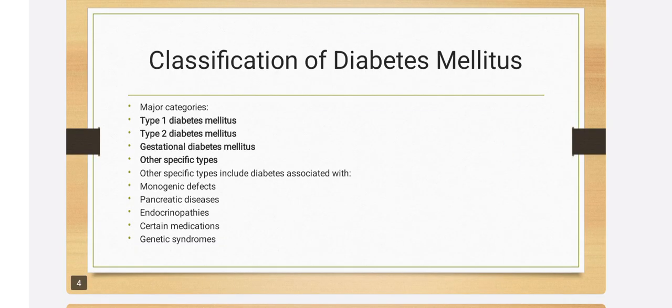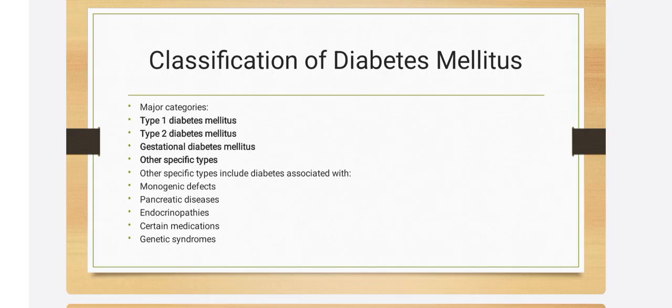Next, classification of diabetes mellitus. Diabetes mellitus can be broadly classified into four major categories: type 1 diabetes mellitus, type 2 diabetes mellitus, and type 3 diabetes mellitus, which is diagnosed during pregnancy. The fourth category consists of other specific types of diabetes. Type 1 diabetes is primarily associated with destruction of pancreatic beta cells and absolute insulin deficiency.